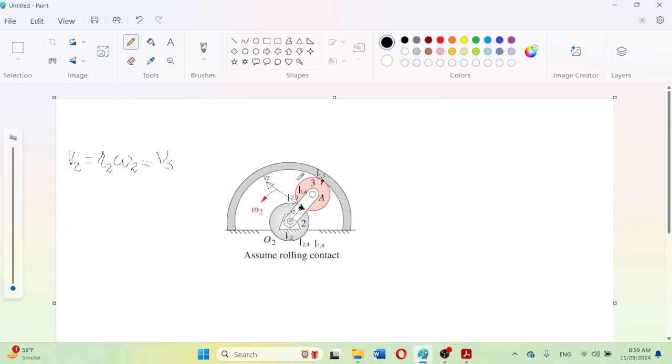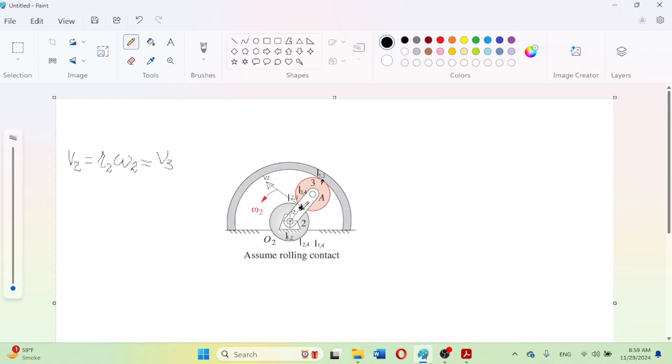Remember, don't confuse yourself with the instant center I3,4. Because I3,4 does not have zero velocity, it cannot be the center of pure rotation, so using the radius of link number 3 would be wrong.